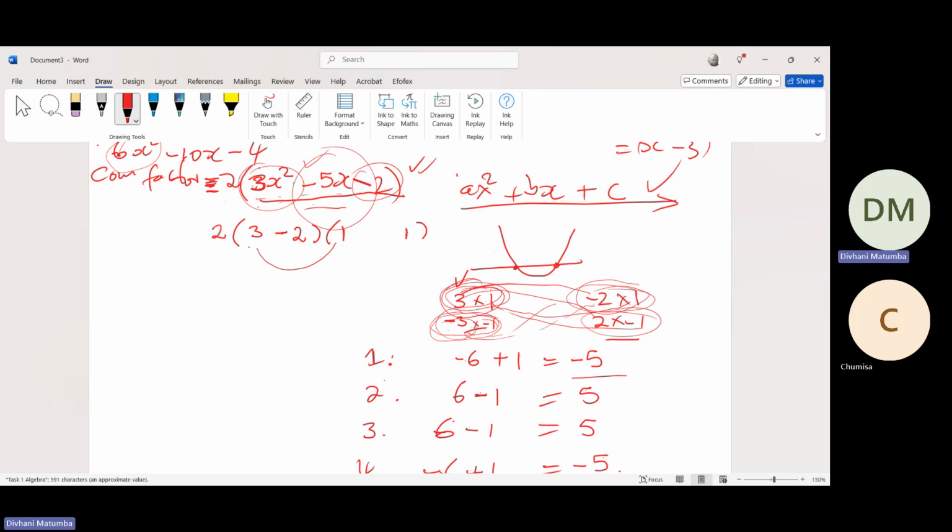So this will be 3 times 1 and -2 times 1.